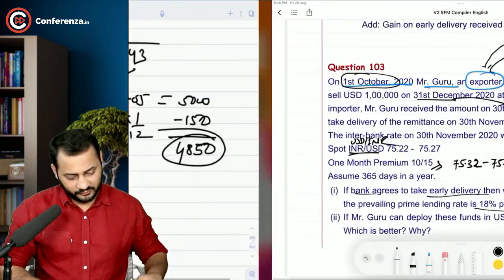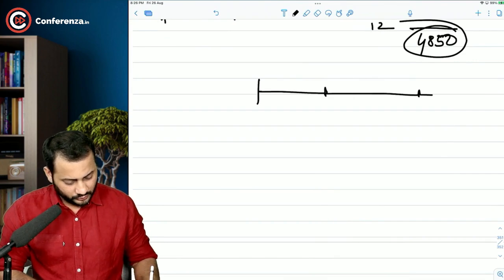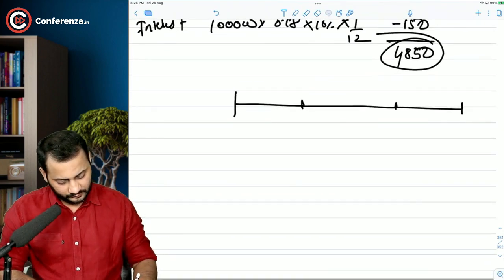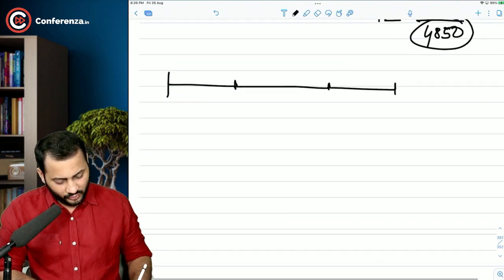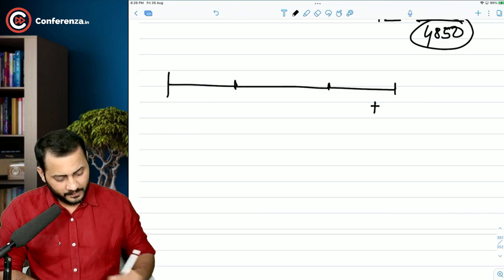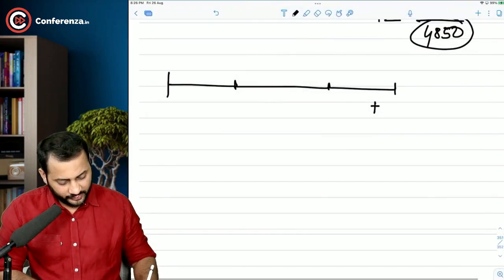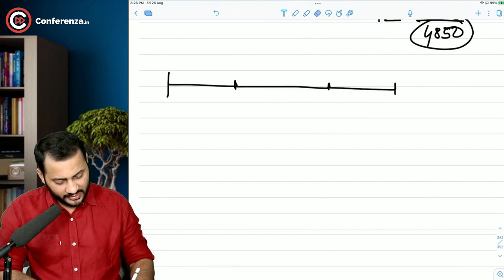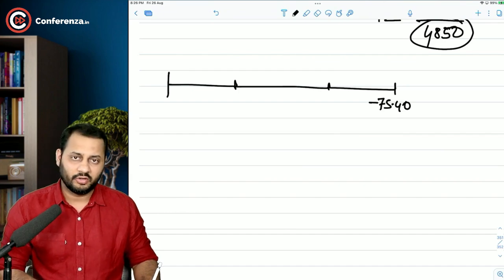So let me just cover this fast. From the bank's angle, the bank was about to buy the foreign currency at an agreed rate of 75.40. If the bank buys, they will make the payment of 75.40 for every dollar.